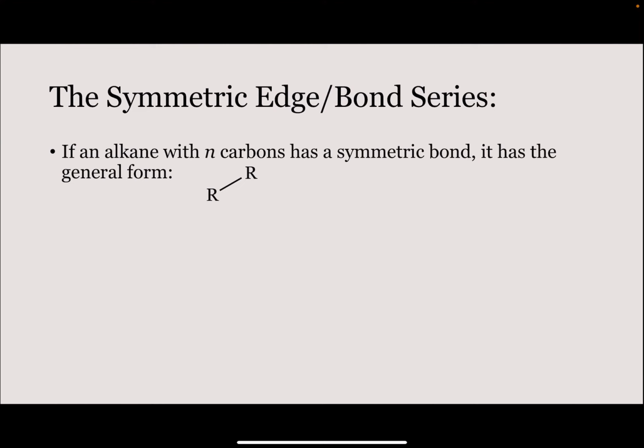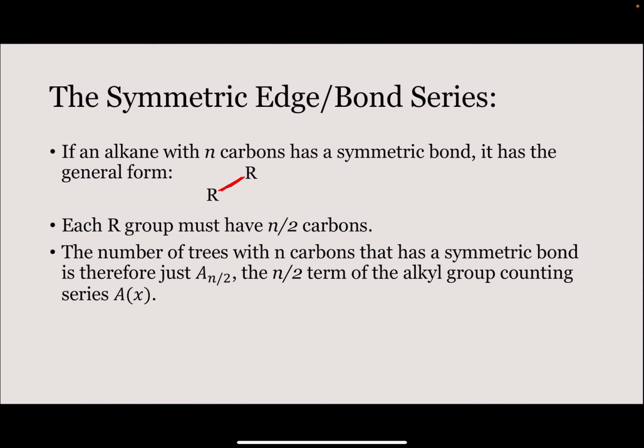It's going to have this general form where we have 2 R groups around this symmetric bond in the middle. Notice that each R group has to have n over 2 carbons in order to have that symmetric bond. And therefore, the number of trees with n carbons that has a symmetric bond, the number of alkanes, is just going to be a_{n/2}, which is the n over 2 term of the alkyl group counting series A(x).